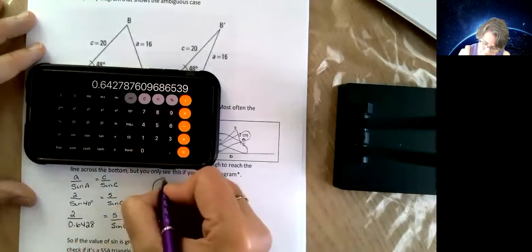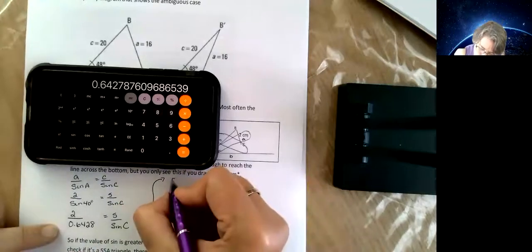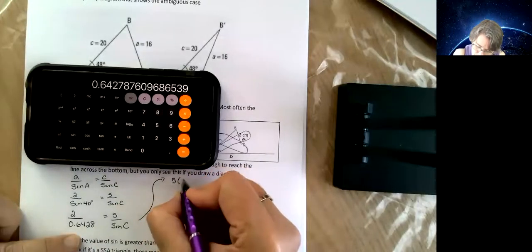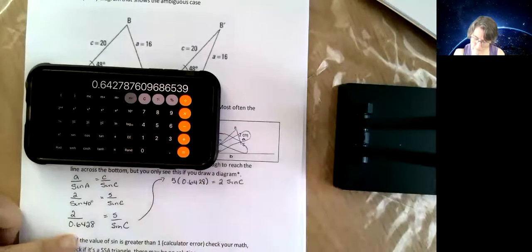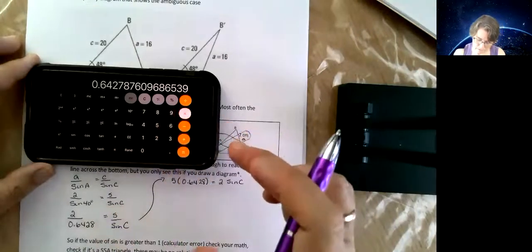So 2 over 0.6428 is 5 over sine C. Times 0.6428 is 2 sine C. So we're just going to multiply by 5.